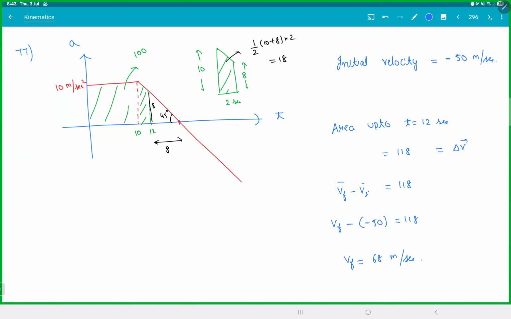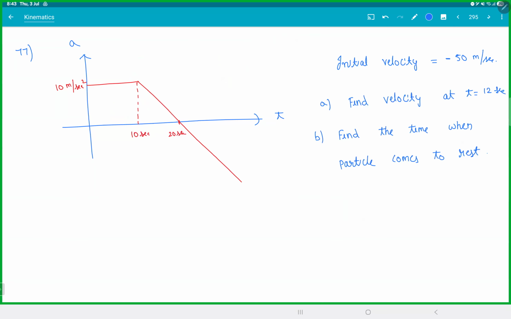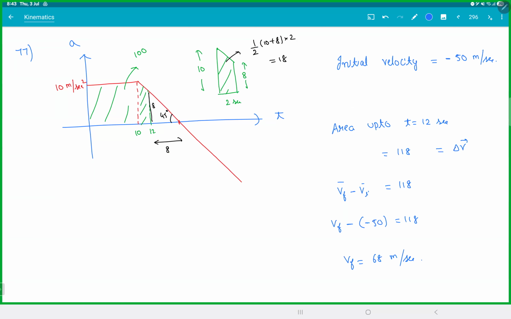Right, Samir? What about the second part? Find the time when the particle stops. Any doubts on the A part? Just finding area and finishing it off. Can you get the B part?